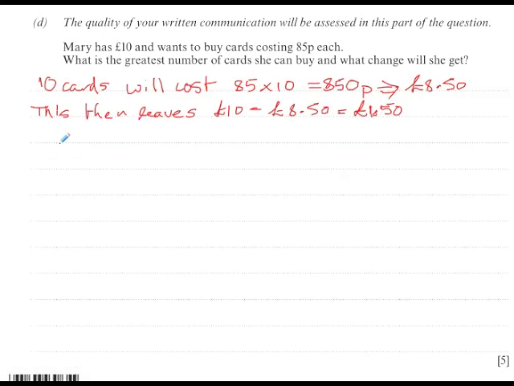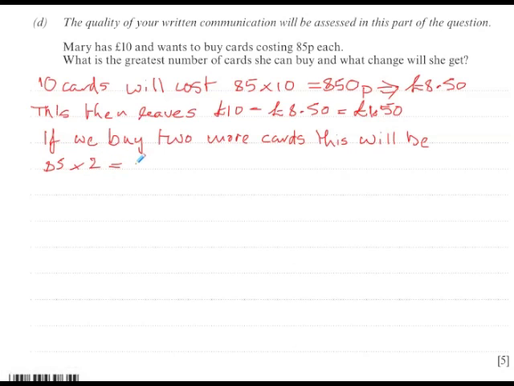So if we buy 2 more cards, this will be 85p times 2, which is equal to 170 pence, which is £1.70.